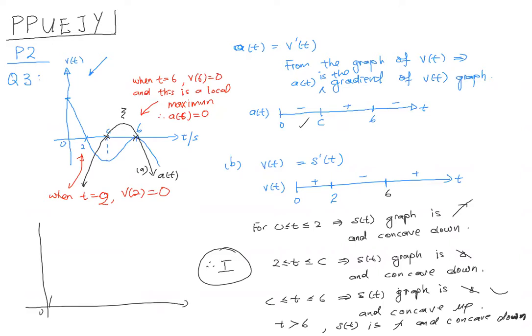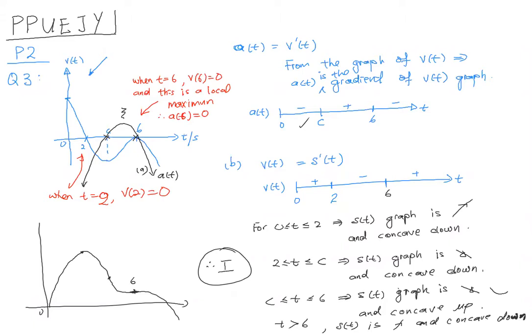Go up, reach the stationary point, come down. C is an inflection point, then go down. This is a horizontal inflection point, then go further down. So it fulfills all the 3 here.